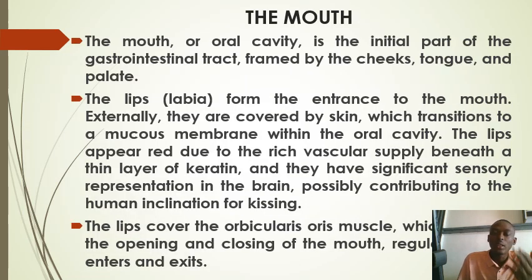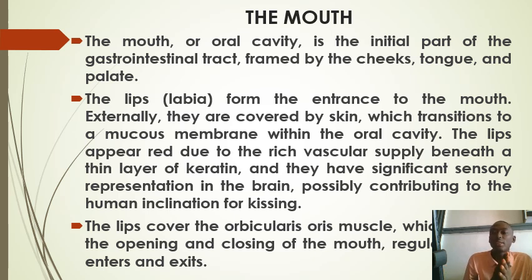We'll start with the first organ of the GIT. But before I go there, I would like to tell you that the organs of the GIT are divided into the major organs and the accessory organs.